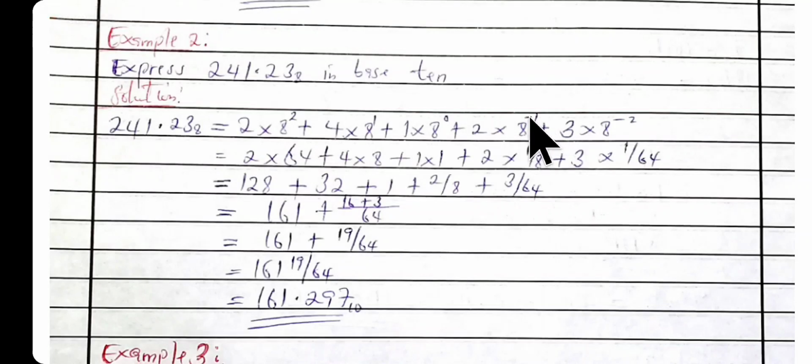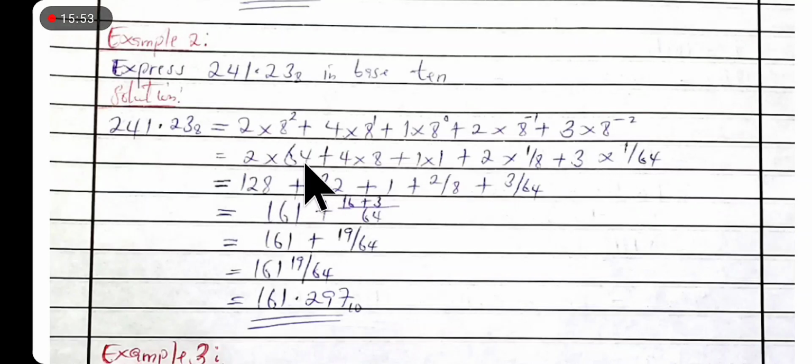Remember, this minus means 1 over. So this is 1 over 8 raised to power 1 is 8. Then plus 3 times 8 raised to power minus 2. This minus means 1 over. Then 8 raised to power 2 is 64.